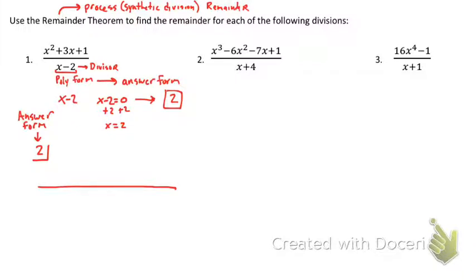So what we're going to do is look at the first term of the polynomial being divided. What is the number in front, the coefficient? For our power of 2, it is 1, so we put the 1 here. This is the coefficient of the power of 2.